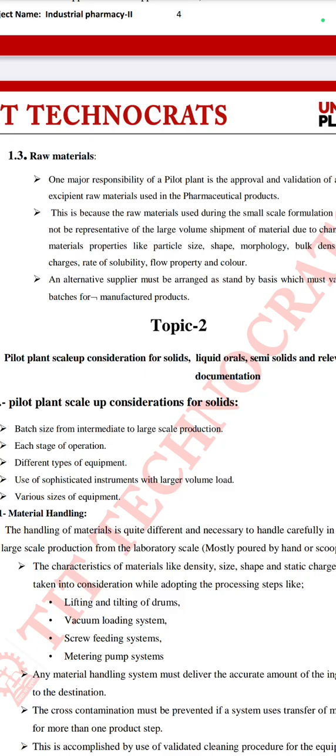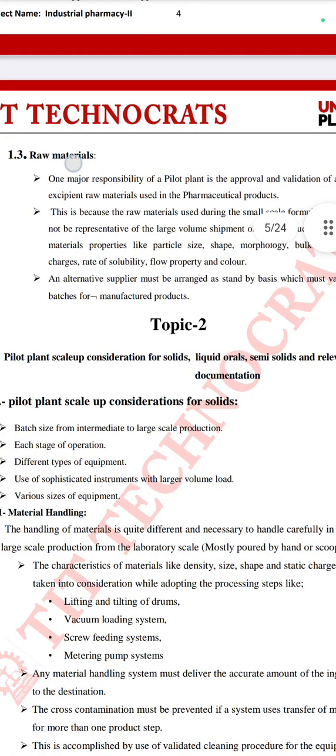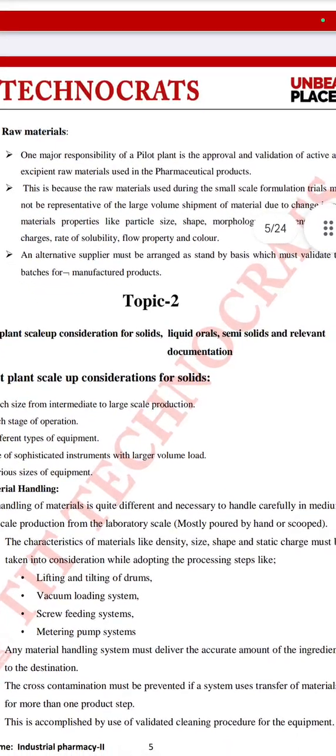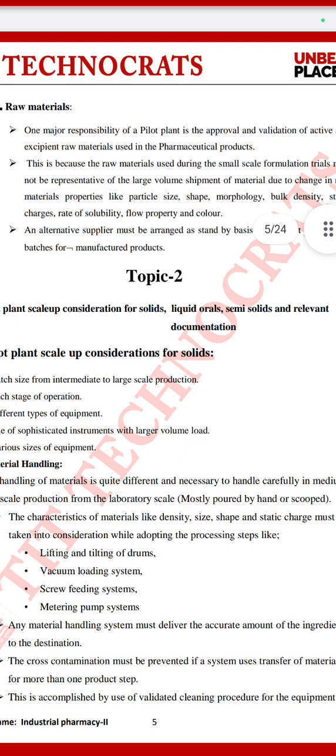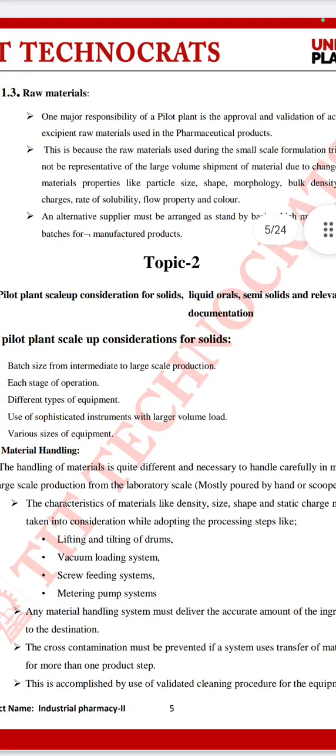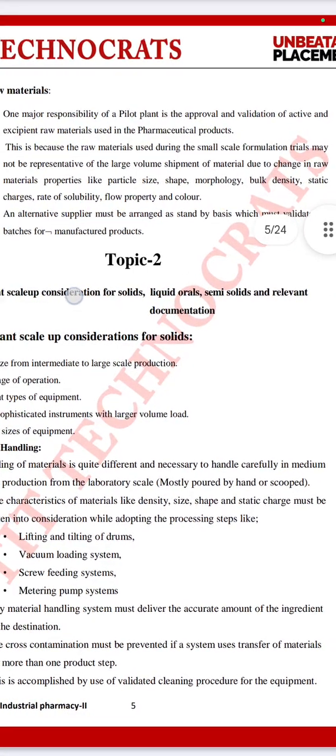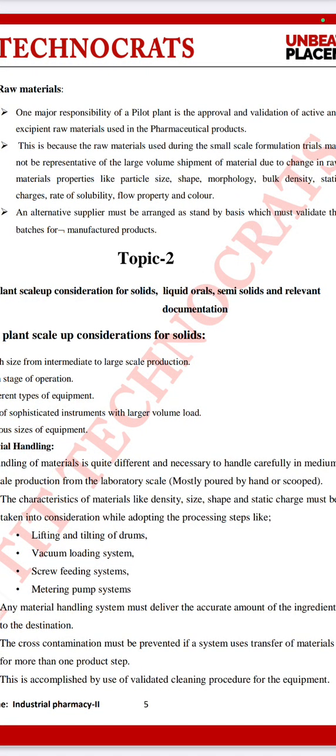This is because the raw material is used during small scale formulation, and when we are making the pilot plants and represent the large volume shipment, the quantity of the substance changes, and raw material properties may change after the shipment.